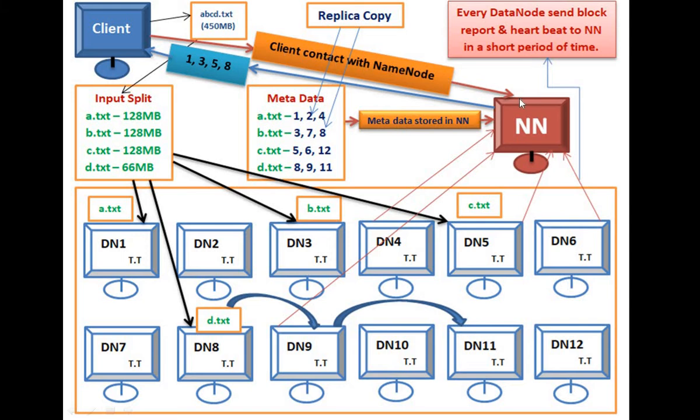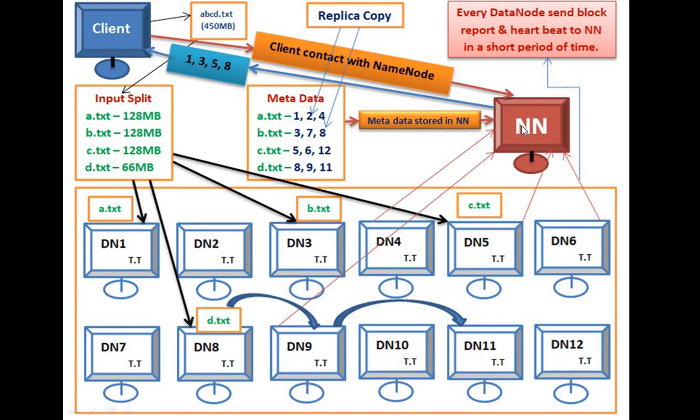The client contacts the NameNode and asks, hey NameNode, I would like to store this abcd.txt file on HDFS, so please let me know where I should store it. The NameNode is a master service and it communicates with the slave service, that is the DataNode.